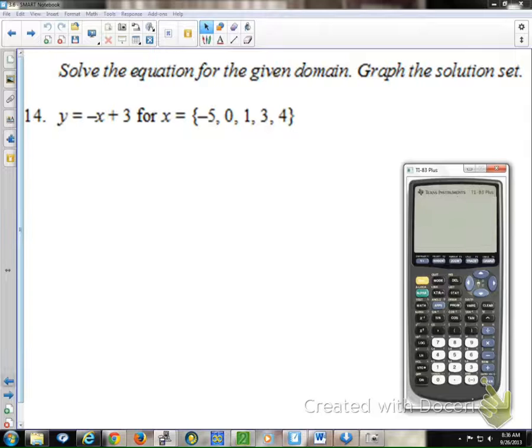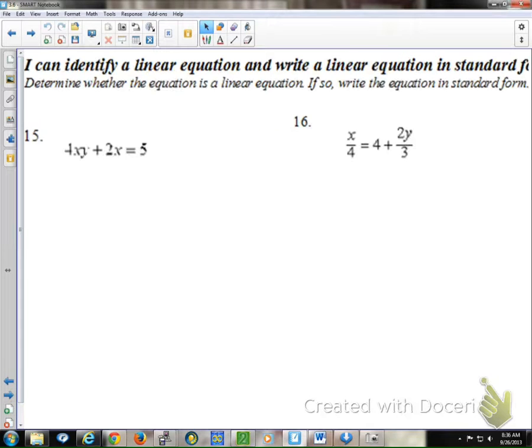Next question we're going to tackle is numbers 15 and 16, because these are the last two that did not deal with functions, that just dealt with lines. Determine whether the equation is a linear equation. If so, write the equation in standard form. I got to be honest, when I first read this, I was not a huge fan of this question, just because you could technically solve that for y and it would look linear.